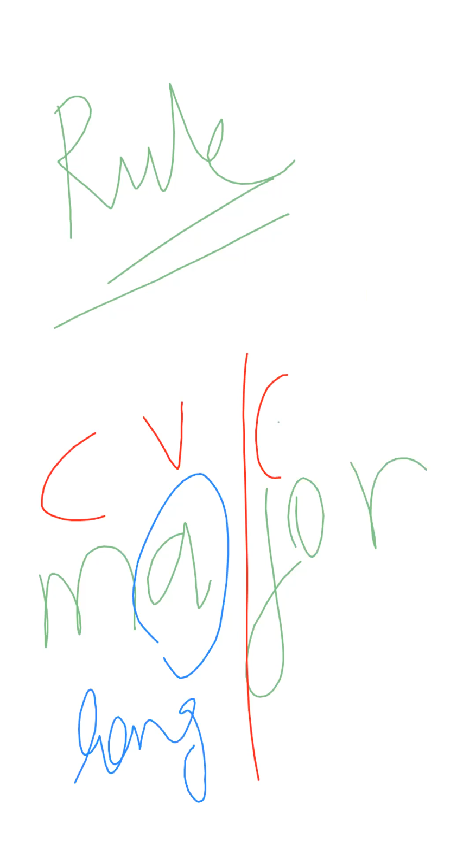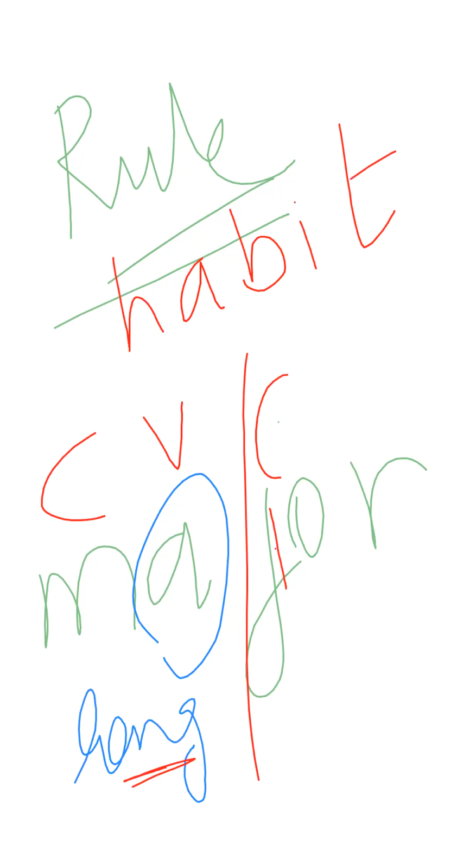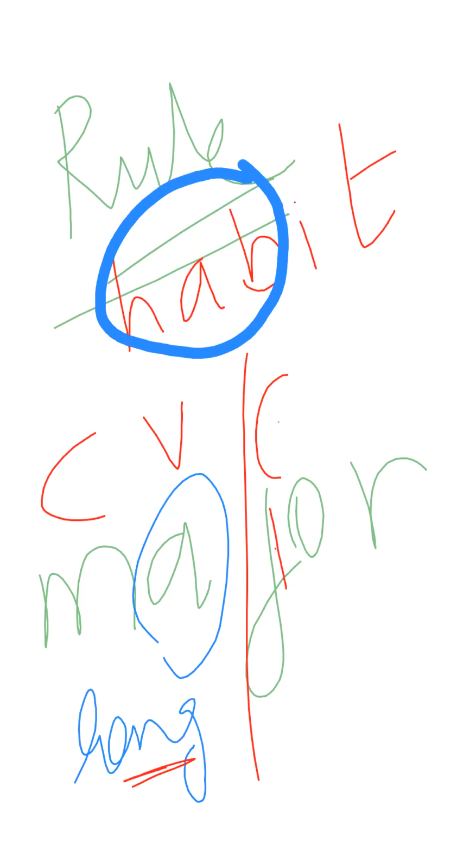Because this vowel is a long vowel, so it will not take this J, okay? So if it is a word where you have a short vowel sound, then it takes the consonant. But if it is a long vowel, then it will not take the consonant. Okay.